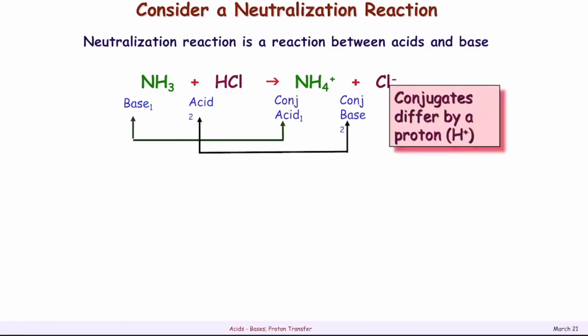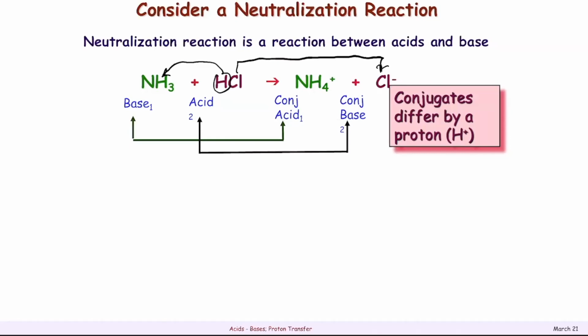So if you take a look at ammonia and hydrochloric acid, the hydrochloric acid is the acid. It's going to be the chemical that delivers the hydrogen, this hydrogen right here, and it delivers it to ammonia. In the process of getting rid of its hydrogen, the hydrochloric acid now becomes the chloride with its missing hydrogen. So we call those conjugate pairs.